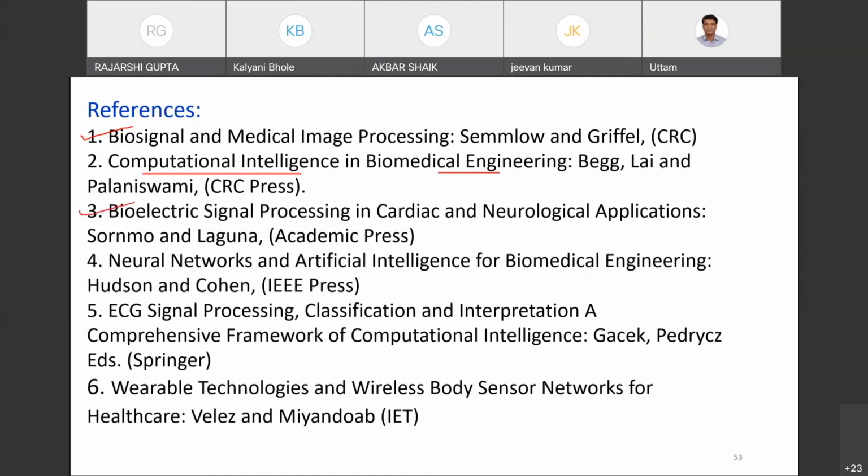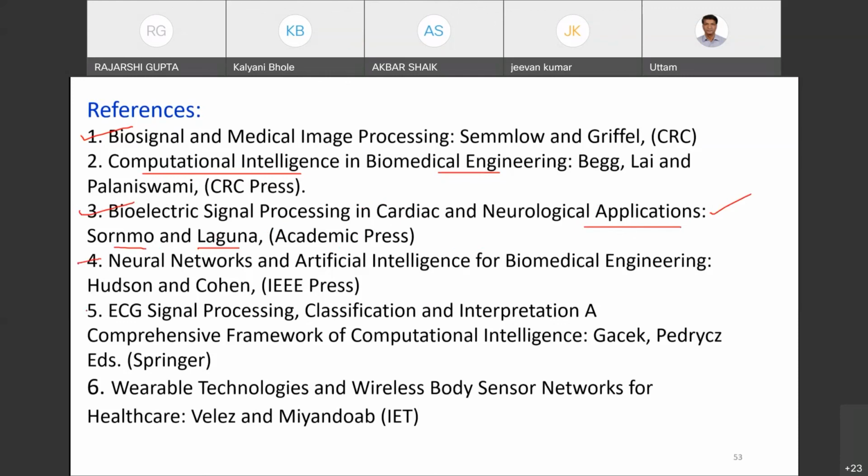This is an old book written by Leif Sörnmo and Pablo Laguna. This deals with EMG signals, then ECG signals and EEG signals. You will get ample examples and case studies of EEG signal analysis here.